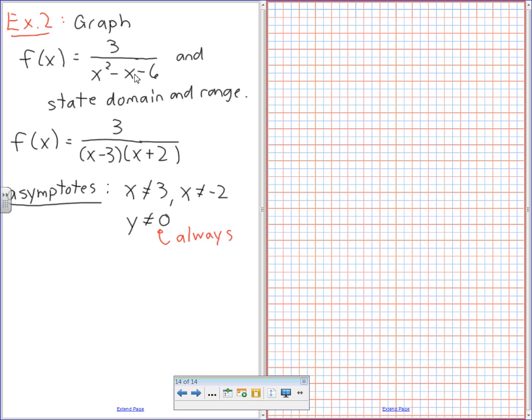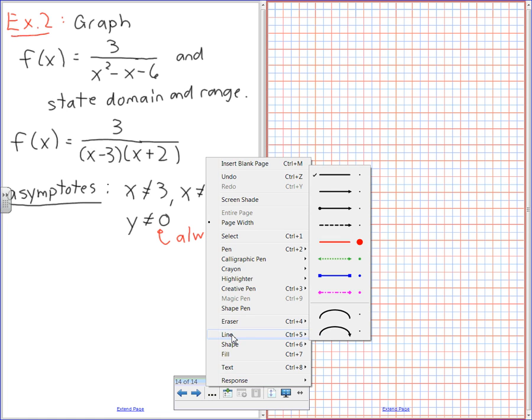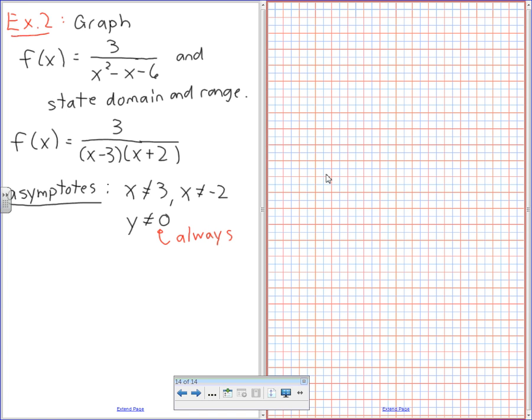Okay, so I'm going to draw my graph here. There's my beautiful axes, and I'll put arrows on them.